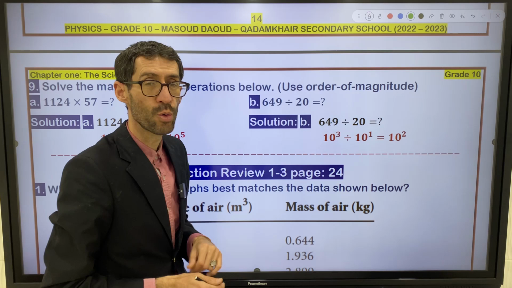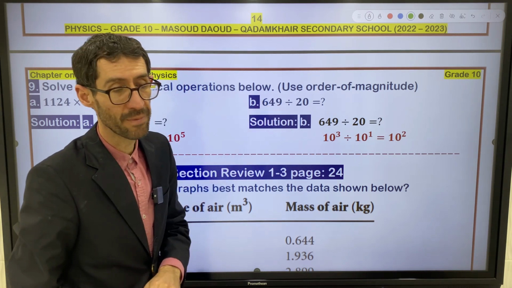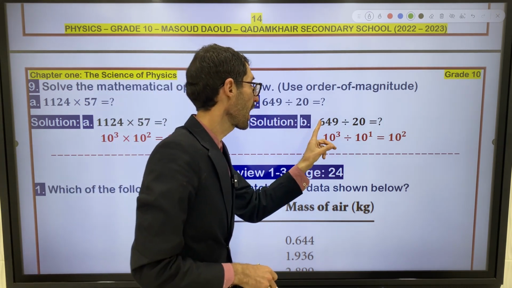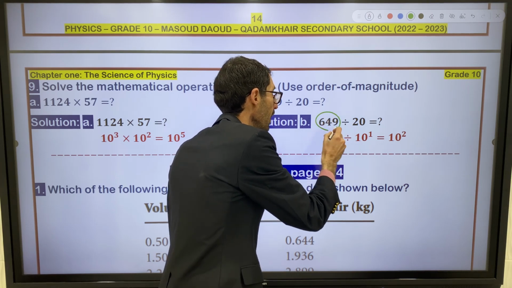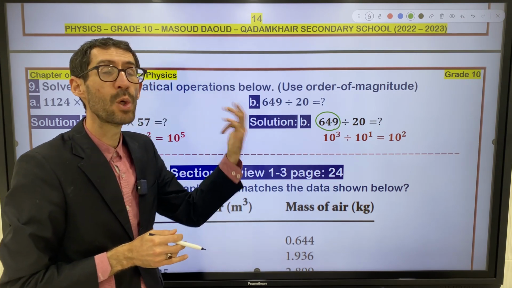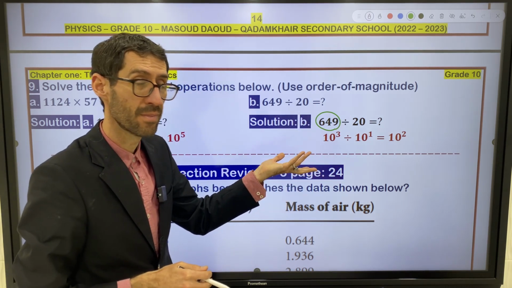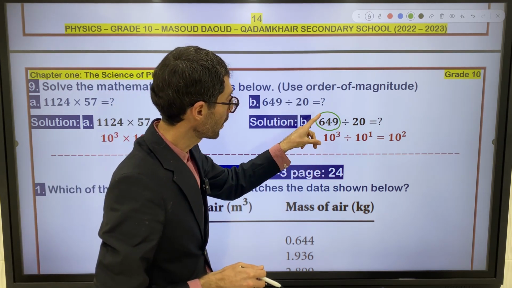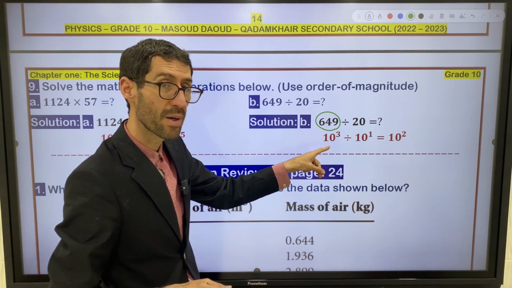Let's move on to another question. 649 divided by 20. What's the order of magnitude of 649? Actually, 600 is more than 500. It's very close to 1,000 rather than 100. 649 is closest to 10 to the power 3.